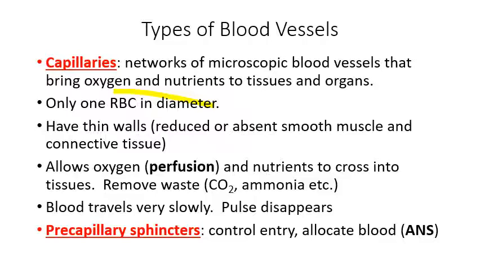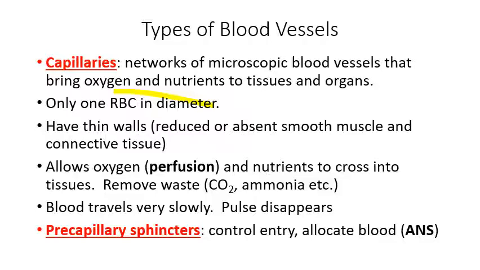This allows oxygen to diffuse across this thin layer of tissue and get into the organs, and then carbon dioxide and ammonia and other waste products go back into the capillaries. So this is a way of exchanging the good stuff for the garbage.